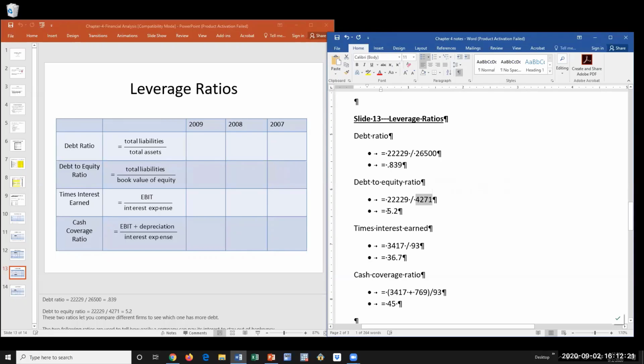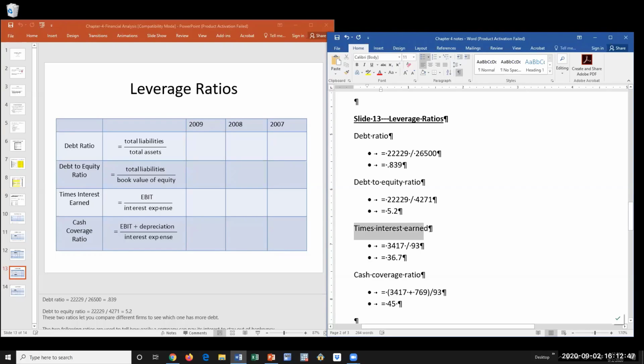Here again, the higher this number, the more risky the company is. Because if something happens, like a pandemic, and the companies aren't making profits anymore, but they still have to pay interest expense or pay off loans, then they're going to be in trouble.